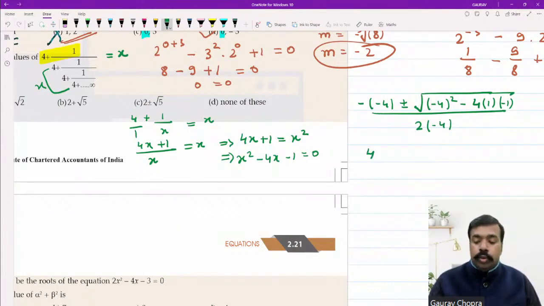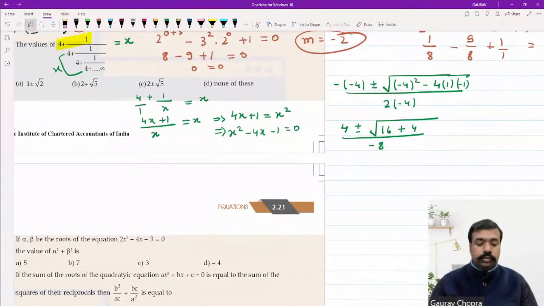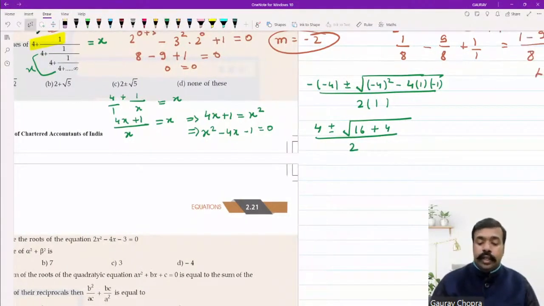So we are having 4 plus minus root of 16 plus 4 upon minus 8. Sorry, we are having a as 1, so we will put 1 here. Yes. Now we are correct.